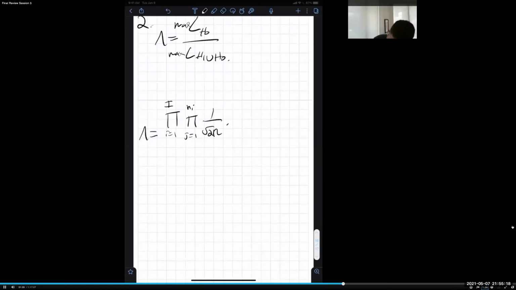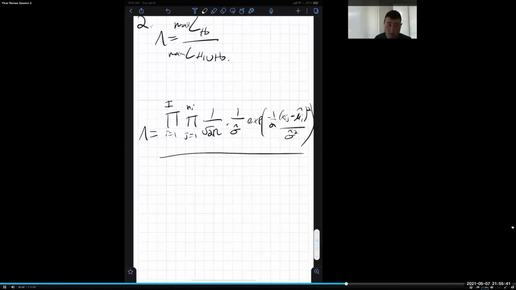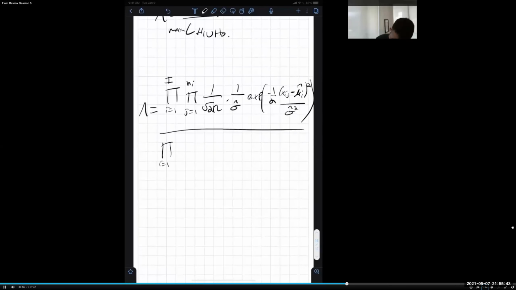And then we're just going to have 1 over sigma hat, which we had before, times exp of negative 1/2 xij minus mu i hat squared divided by sigma hat squared, and this is going to be divided by, again, this product here.